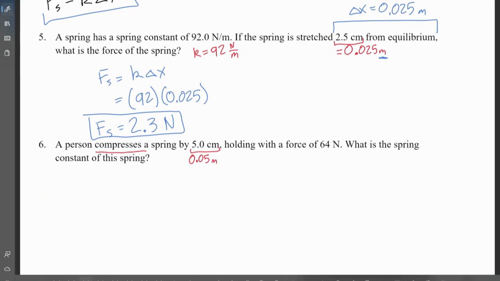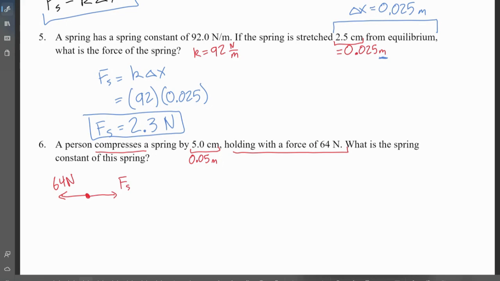Okay, they compress a spring by 5 centimeters, holding with a force of 64 newtons. What is the spring constant of the spring? Well, there are now two forces, so they're holding with a force of 64 newtons, just like the picture we just drew. So they're pushing in with a force of 64 newtons, but the spring force is pushing back out.